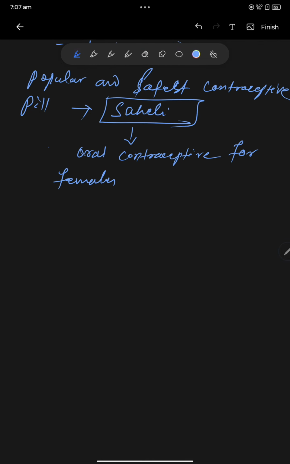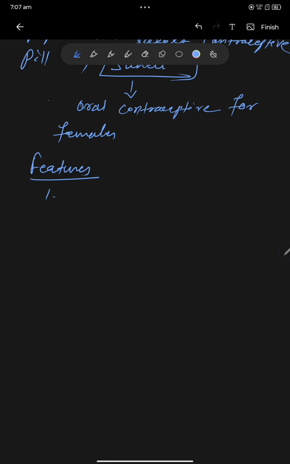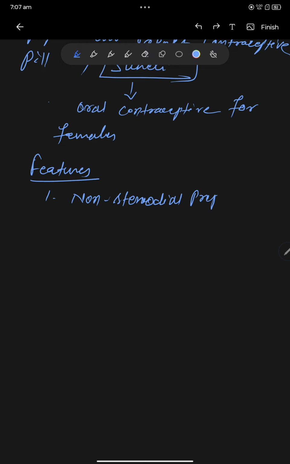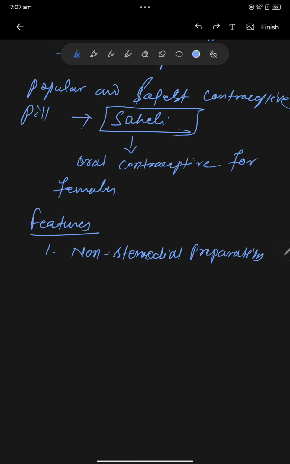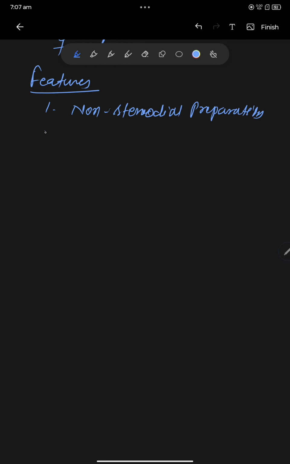Now what are its features? The most important is that it is a non-steroidal preparation, and unlike other pills, it is taken once in a week.